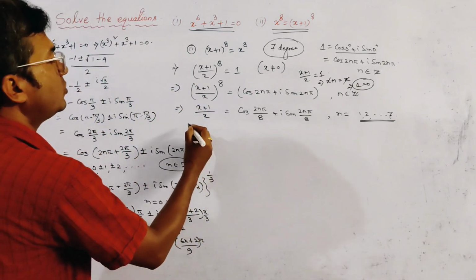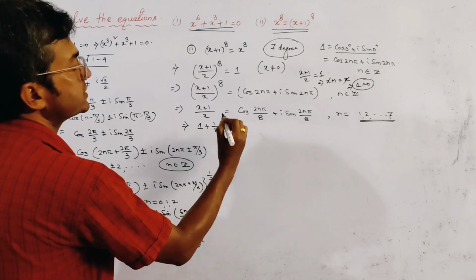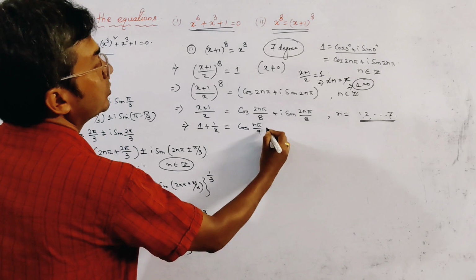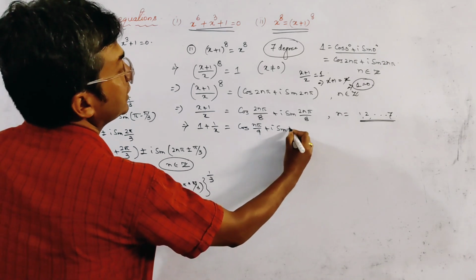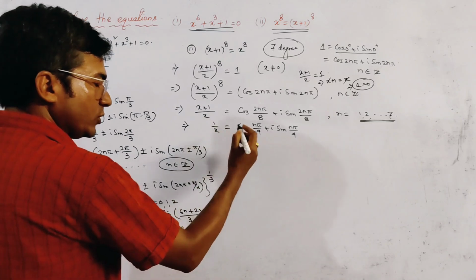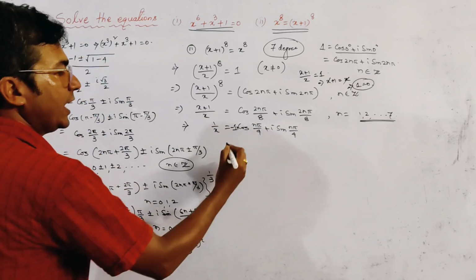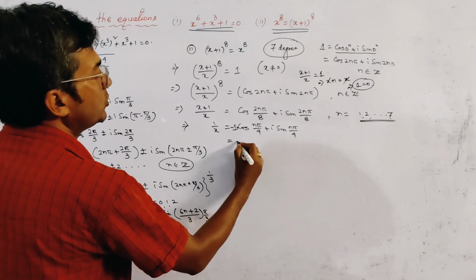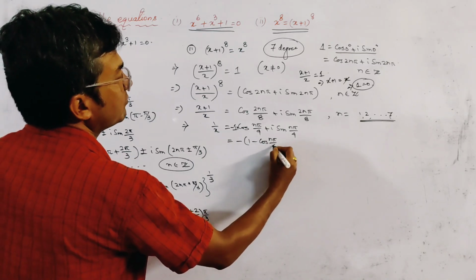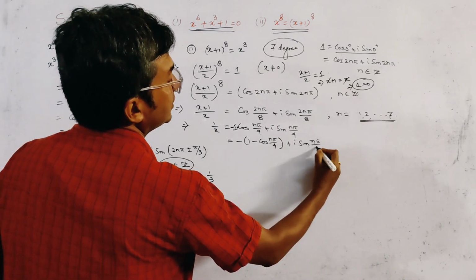Okay, now in the usual manner we get x + 1/x = cos nπ/4 + i sin nπ/4, and here we write minus 1 on the right side, and using the formula of trigonometry we get minus (1 - cos nπ/4) + i sin nπ/4.